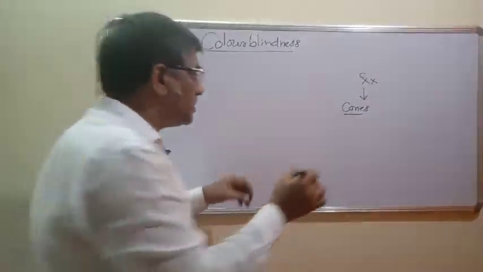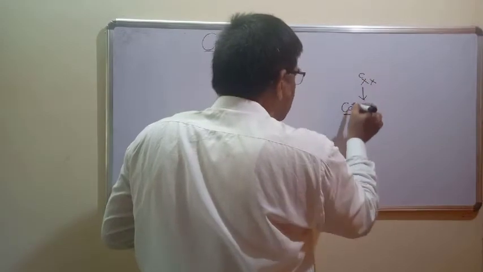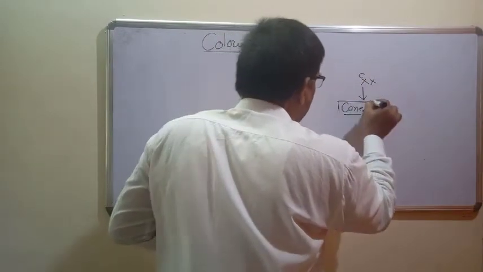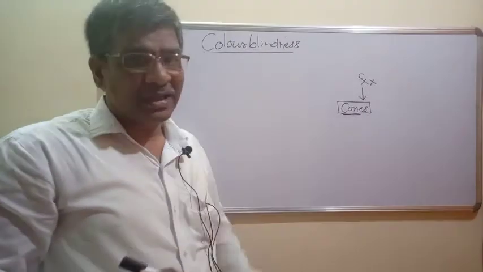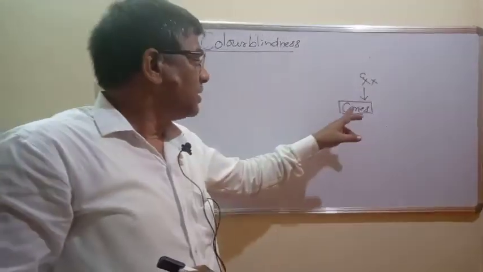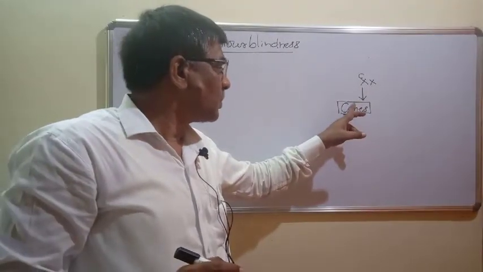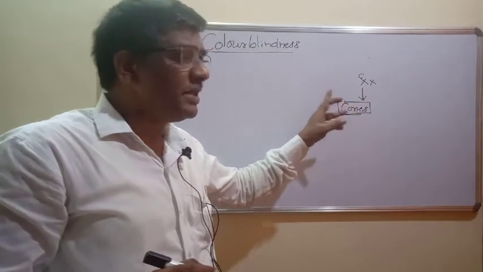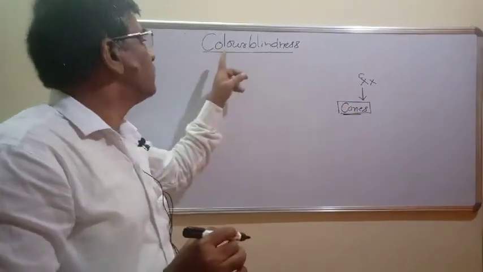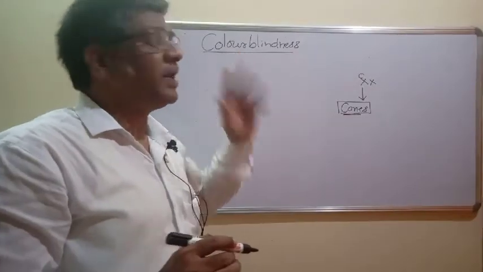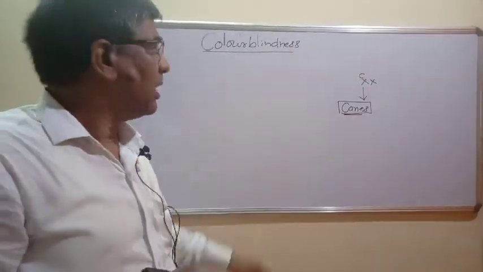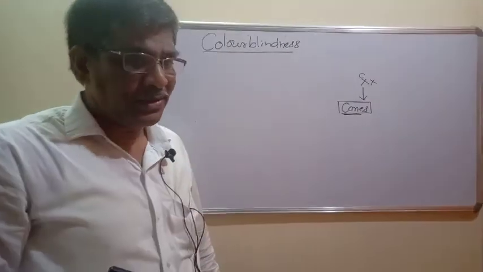When different cones are synthesized, we are able to identify different colors. Suppose the cones for a particular color are not synthesized, then we are unable to see that particular color, and we become color blind.